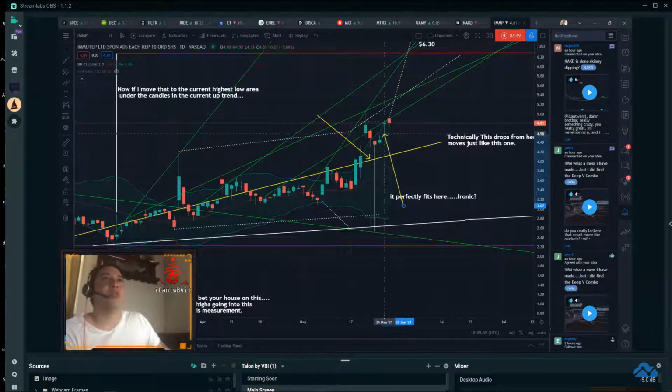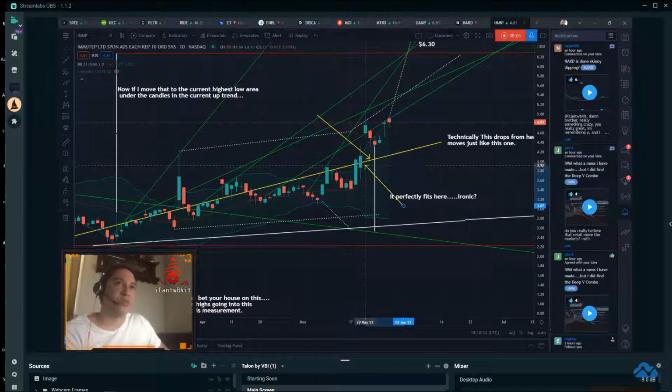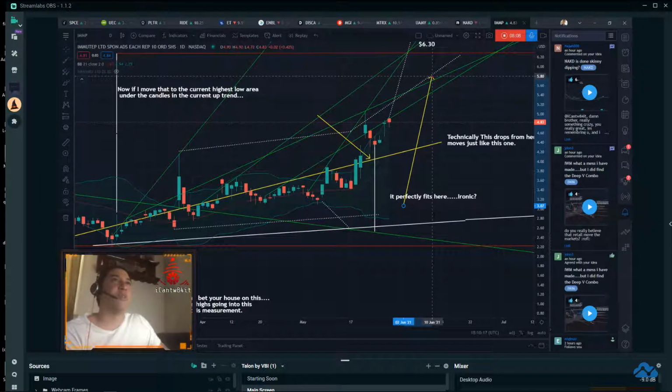I'm kind of leaning more towards it going up to the 630 before coming down, even though technically after this move, it does come down. But I feel like if it does come down, it's probably going to come down to the last point of structure, which is right in this area right here, maybe $3.86, and then go up from there. So if you do see a correction in this, I would just watch it.